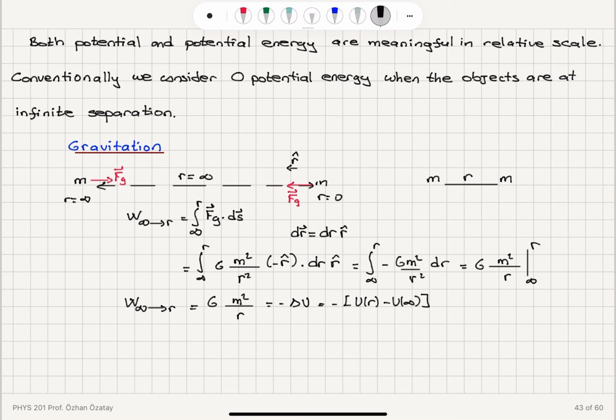The potential energy at infinity I set to 0 by convention. That's my reference point. So I find that the potential energy at r is minus G m square over r.